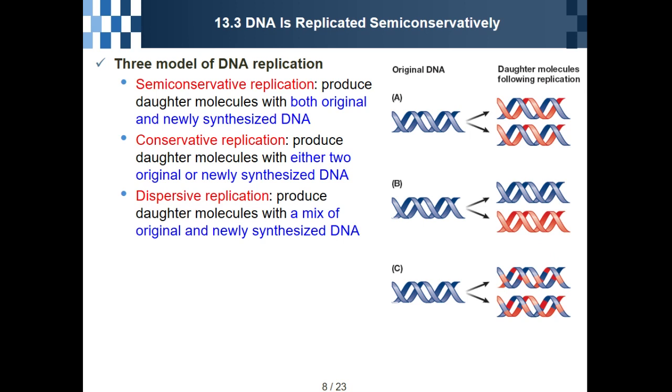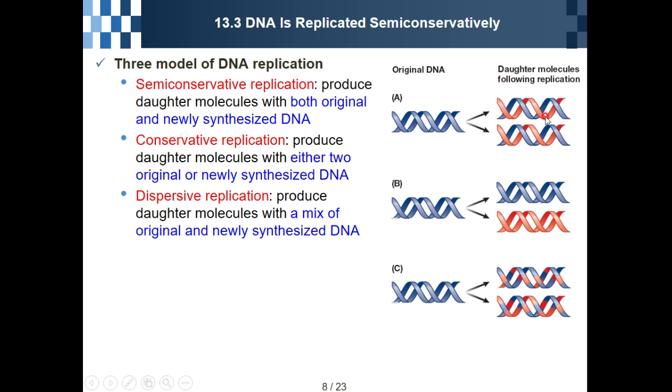In the 1960s, other scientists found that DNA is replicated semi-conservatively. At that time, there were 3 models. The first model is semi-conservative. This is the original DNA, and this is the daughter molecule following replication.